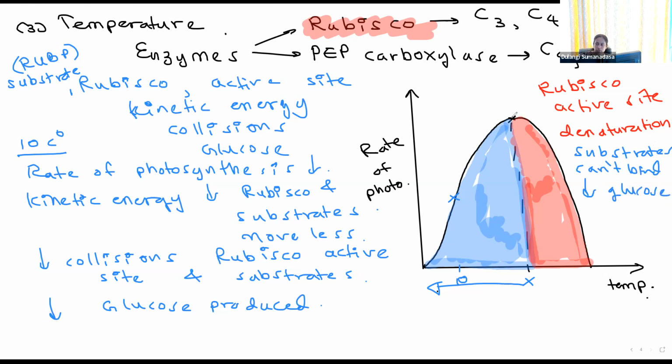Right, so if you ask for the optimum condition, you go with the kinetic energy, the collision is the maximum. The stage mainly affected is the Calvin cycle, or light independent.